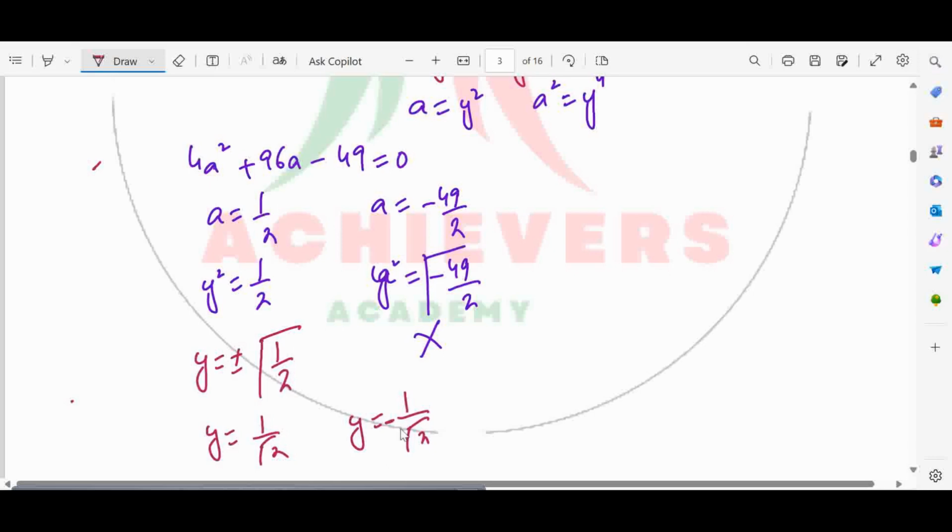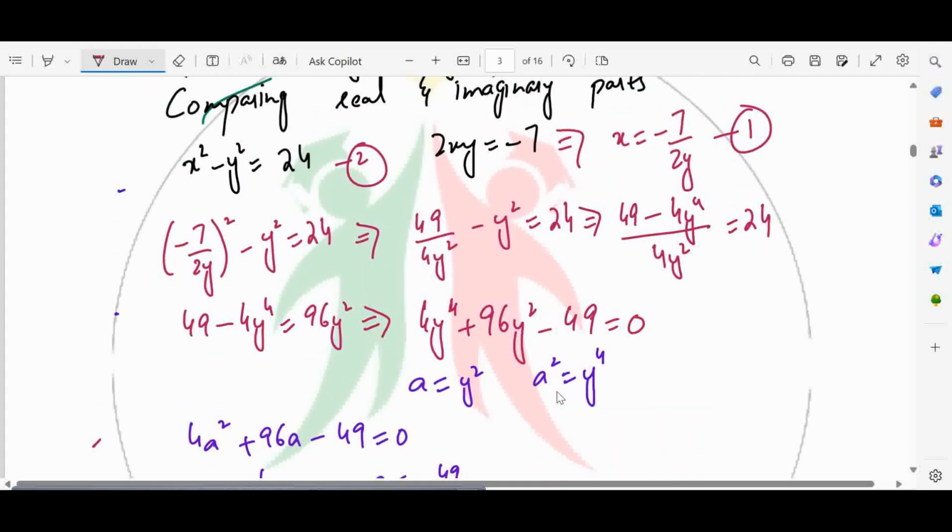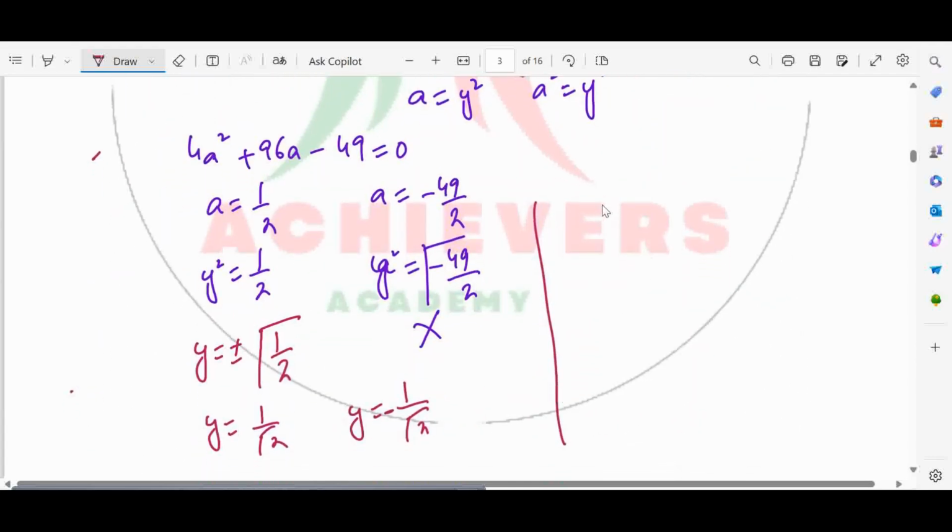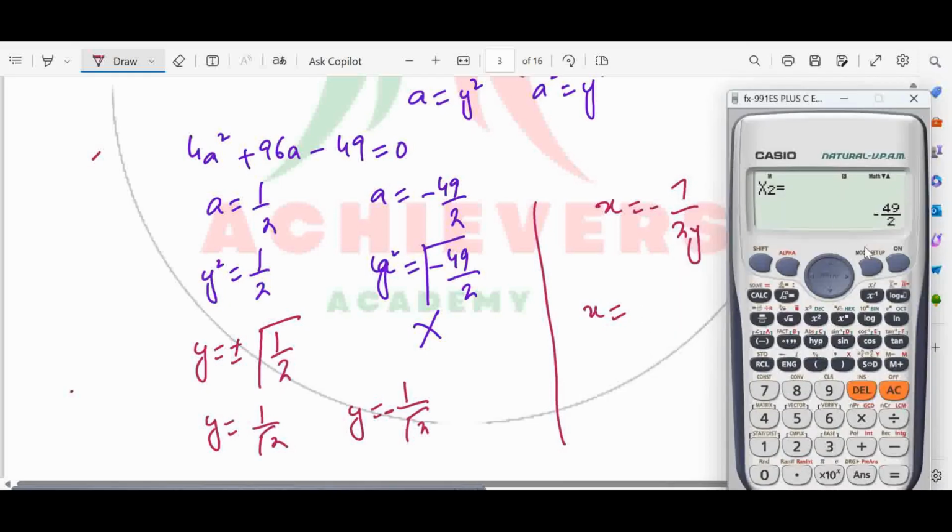Let's find out the value of x now. We know that in this chart we have x is equal to -7 by 2y. So x is equal to -7 by 2y, which means x is equal to, let me use the calculator, the fraction -7 by 2 into again the fraction 1 by square root of 2.